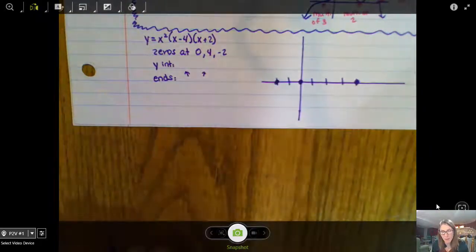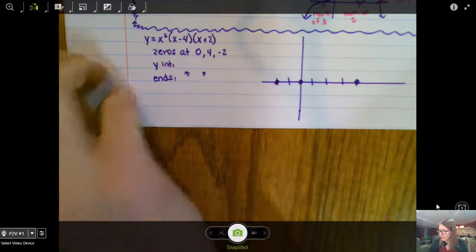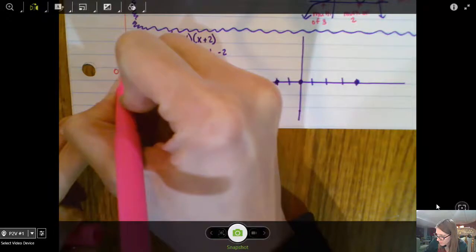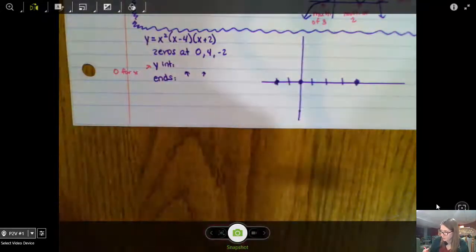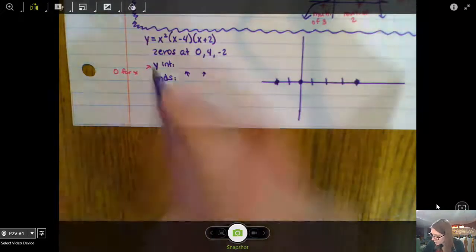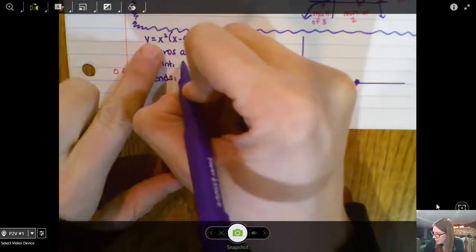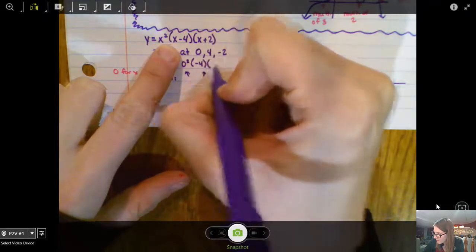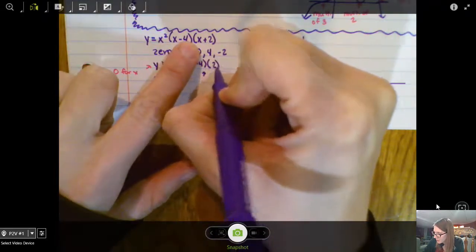And our y-intercept, don't forget to figure out our y-intercept. We plug 0 in for our x value. That would be 0 squared times 0 minus 4 times 0 plus 2.